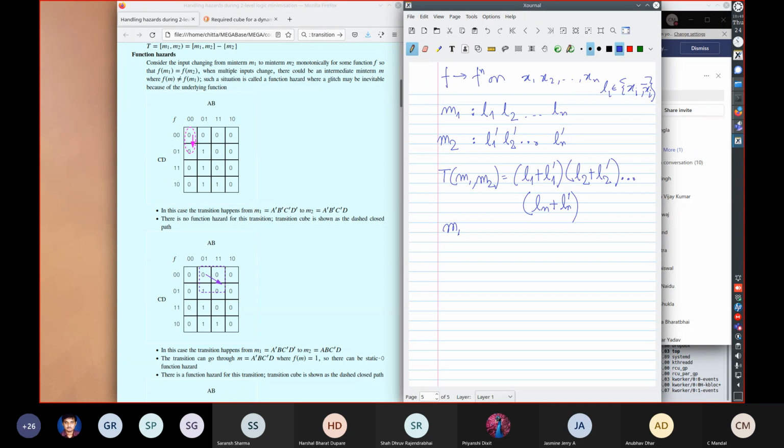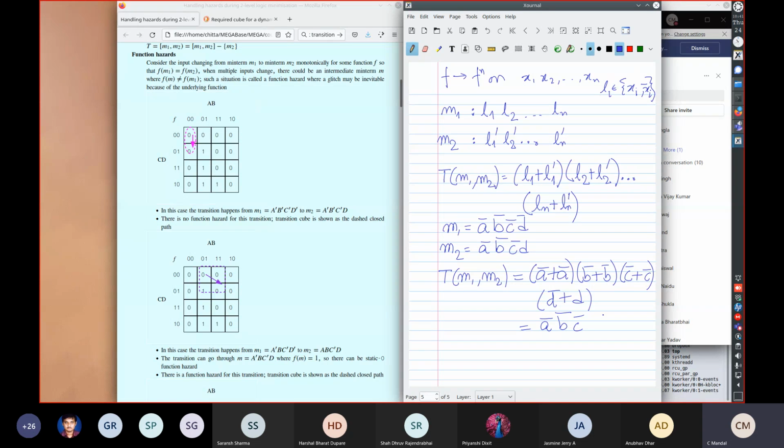Earlier the cube that we are considering was A bar, B bar, C bar, D bar, and M2 was A bar, B bar, C bar, D. So the transition cube of M1 and M2, that is, you have A bar or A bar, B bar or B bar, C bar or C bar, and D bar or D. That is equal to A bar, B bar, C bar.